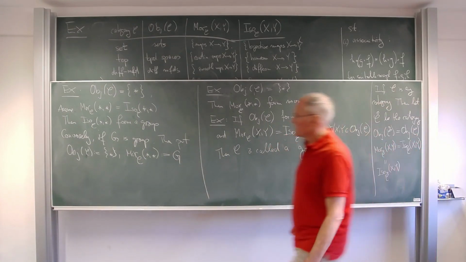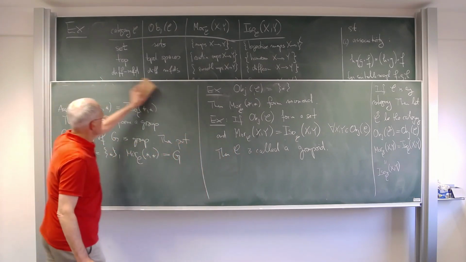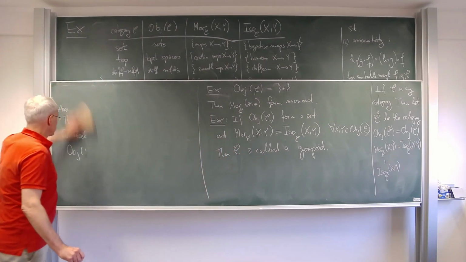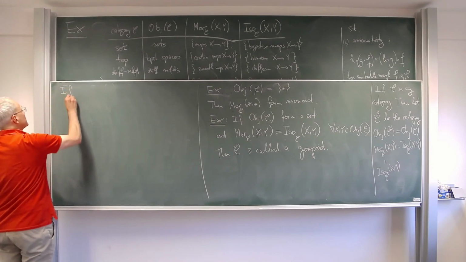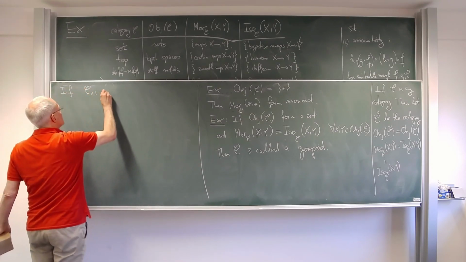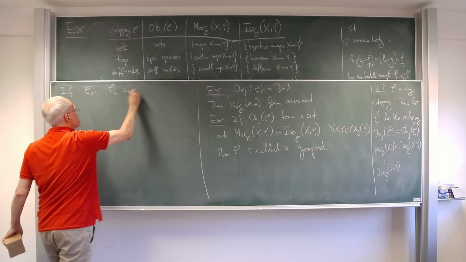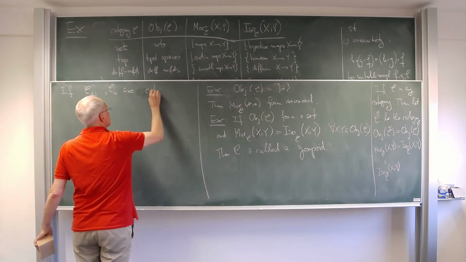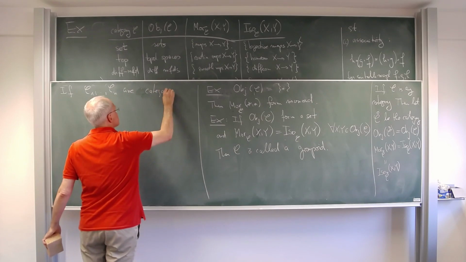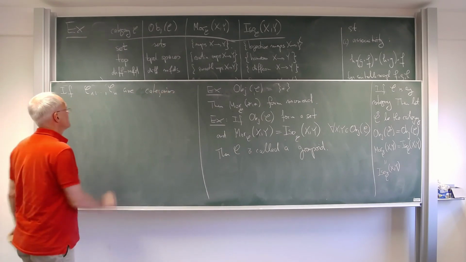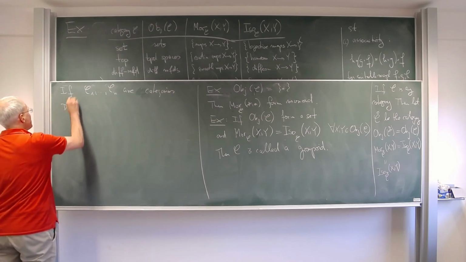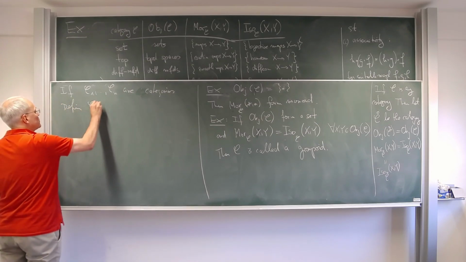Okay, that's one thing. And another one is the Cartesian product. So if C1 up to Cn are categories, then we can define the Cartesian product of these categories.